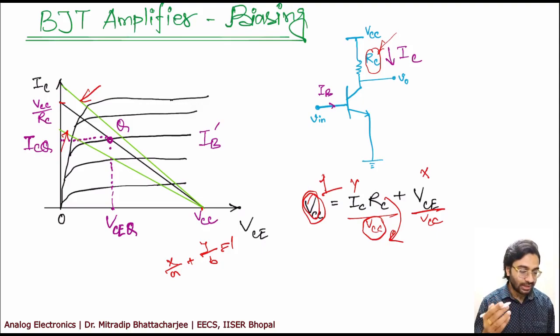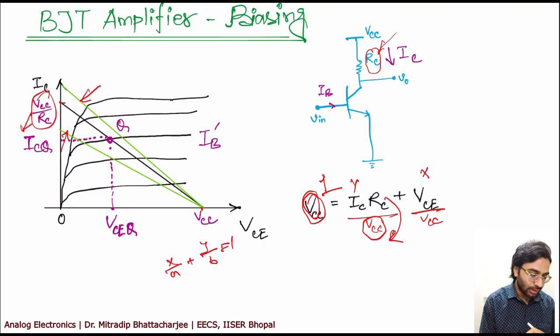As we increase RC, the load line will shift downward, because this value will reduce, and if we reduce RC, it will shift upward. And wherever this load line touches the output characteristics, we can take any of these points as the operating point. We call it the Q point, quiescent point, or operating point.